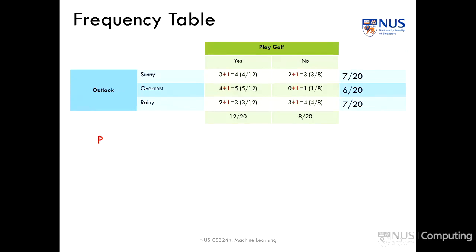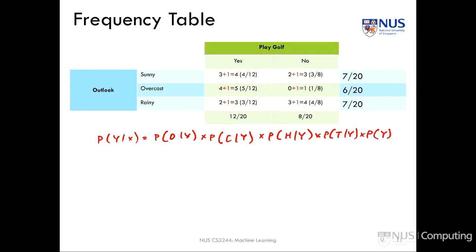So we have probability of yes given our instance is just going to be those conditional probabilities. Probability of overcast given yes times the probability of cool given yes times the probability of high humidity given yes times the probability of windy being true given yes times our prior probability of the yes class.